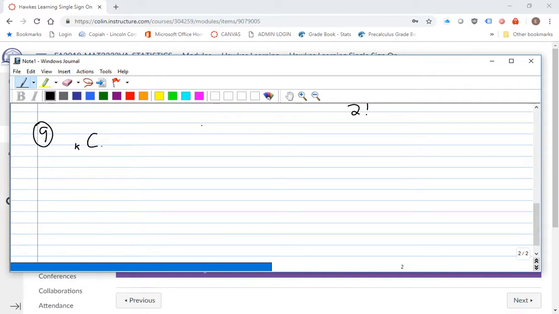It's K C x, so it's this combination, times capital N minus K C little n minus x, all over big N C little n. Okay.